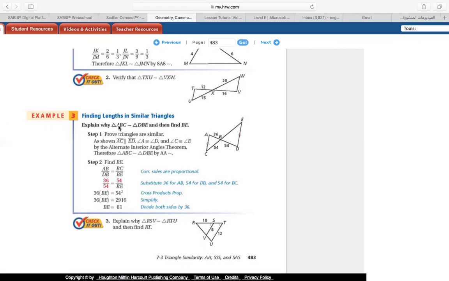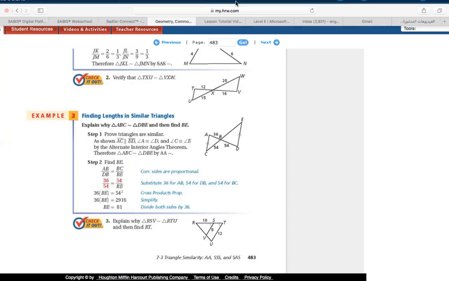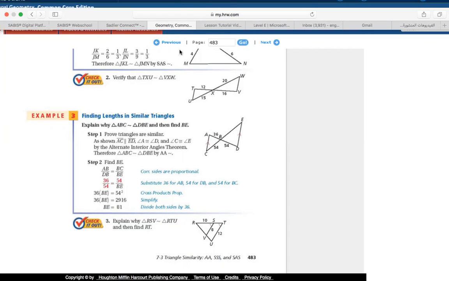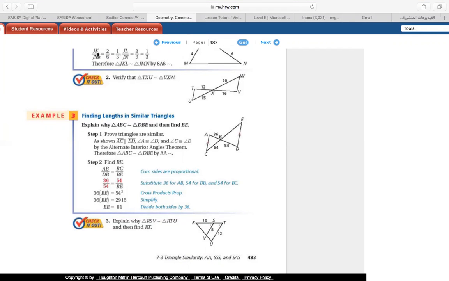So if I take AB over DB from the two triangles, AB over DB is equal to BC over BE.